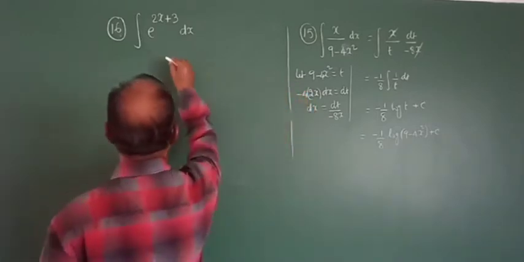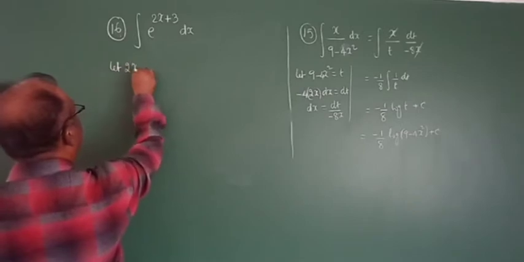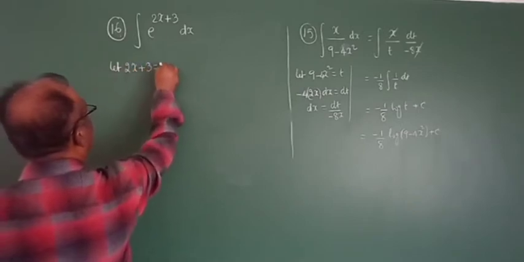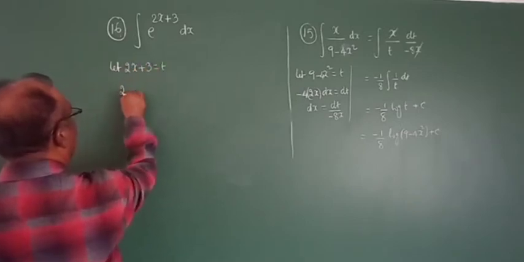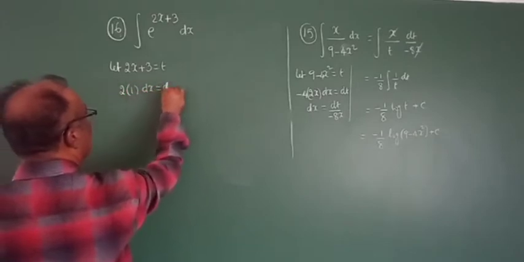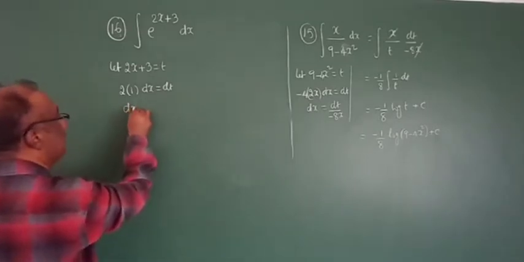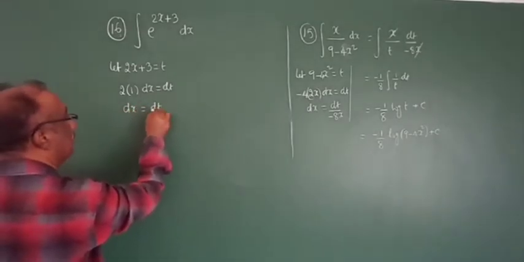So let 2x plus 3 equal t. The derivative of 2x plus 3 is 2, so by the exact derivative, dx is equal to dt by 2.